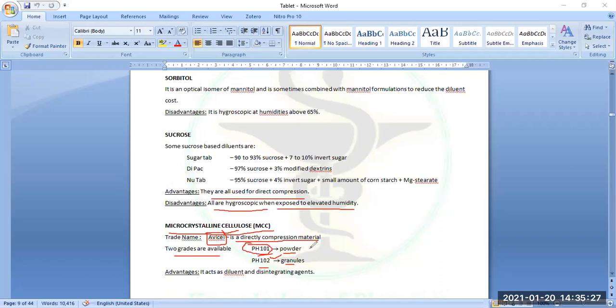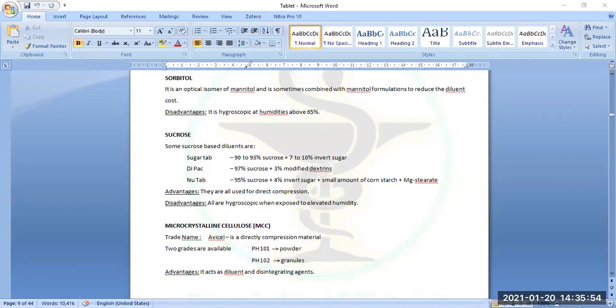The grade is on the basis of size. 101 is available as a powder, meaning fine size, and 102 is available as granules, meaning a larger size as compared to 101. Avicel acts as both a diluent and a disintegrant, and it is also directly compressible.